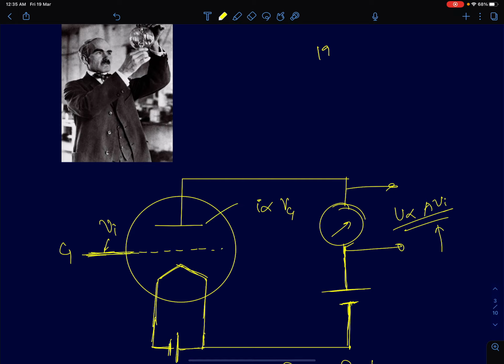This terminal was in between what were by then called the anode and cathode. And what he observed was that by introducing this third terminal, he could actually control the flow of electrons. Of course, the anode plate is always held at a higher voltage than the cathode plate. The cathode plate is a plate which generates electrons.